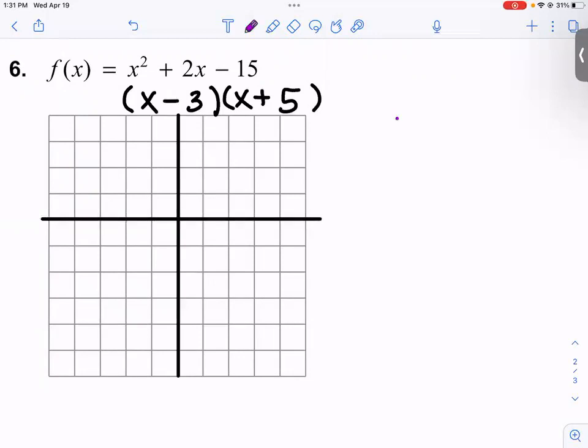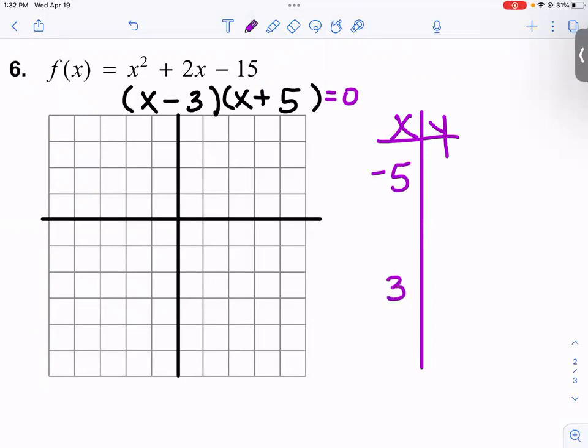What did you say? Where did you get the what from? -5. So I factored what multiplies to -15 but adds to +2? 5 and -3. I thought we were done back there. Nope, we're never done factoring. So when we set this equal to 0, we have intercepts of -5 and positive 3.